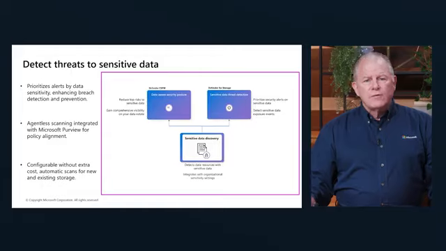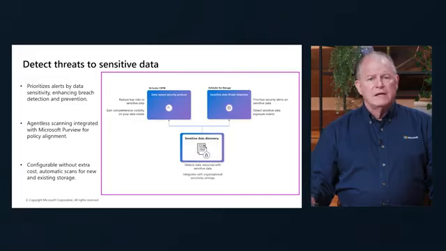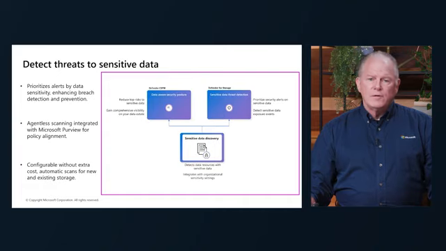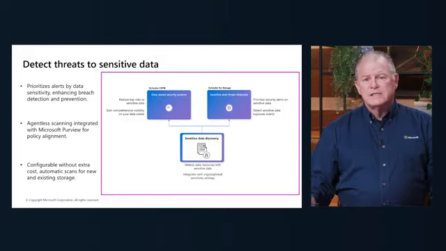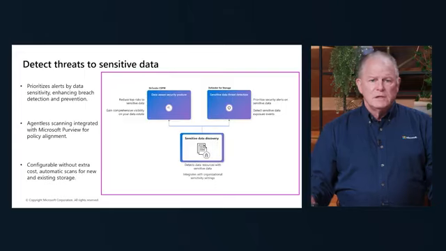The sensitive data threat detection is powered by an agentless engine that uses a smart sampling method to find resources with sensitive data. It's integrated with Microsoft Purview sensitive information types and classification labels, ensuring that the detection and protection of sensitive data aligns with your established policies and procedures.